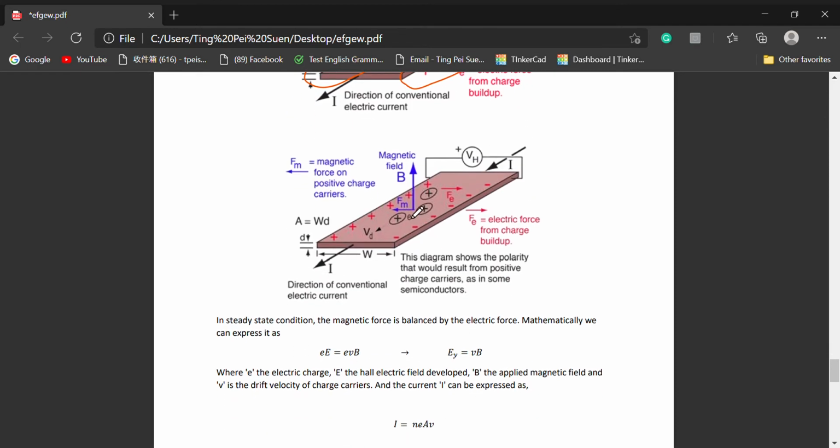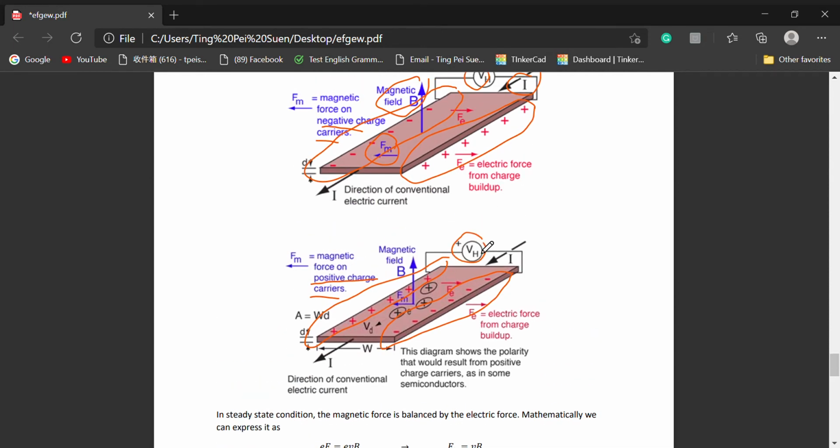For the semiconductor with positive charge carriers, the positive charge carriers are forced to move to the left side by the magnetic force, leaving the negative charge at the right side here. The opposite polarity in the semiconductor will also induce a Hall voltage.